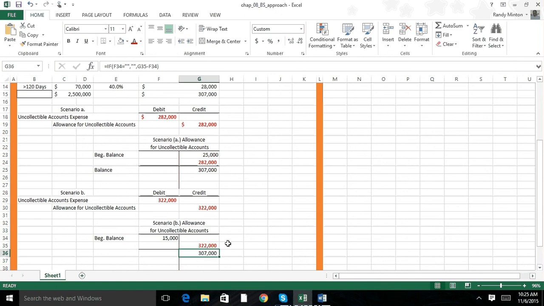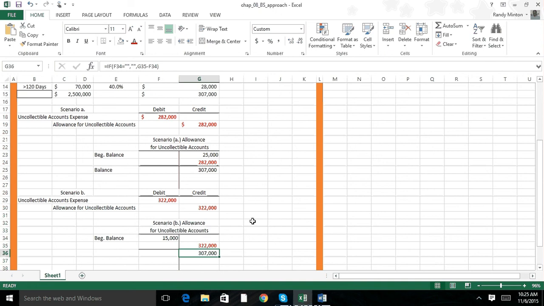Now, that's only to get to your number, because when you actually make the calculation, since you add likes and subtract unlikes, here's your credit side, here's your debit side. Notice that the difference between these two is the actual balance in the allowance for uncollectible accounts.